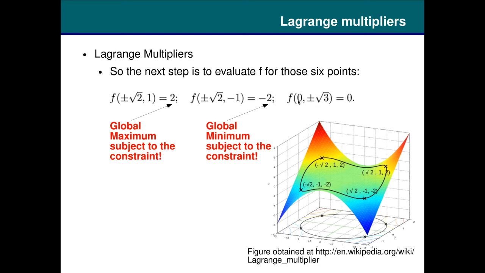If I apply x equals 0, which is in here, exactly this point, and y plus square root of 3 or minus the square root of 3, plus is here, sorry, and minus is here, I will have 0 as a result.